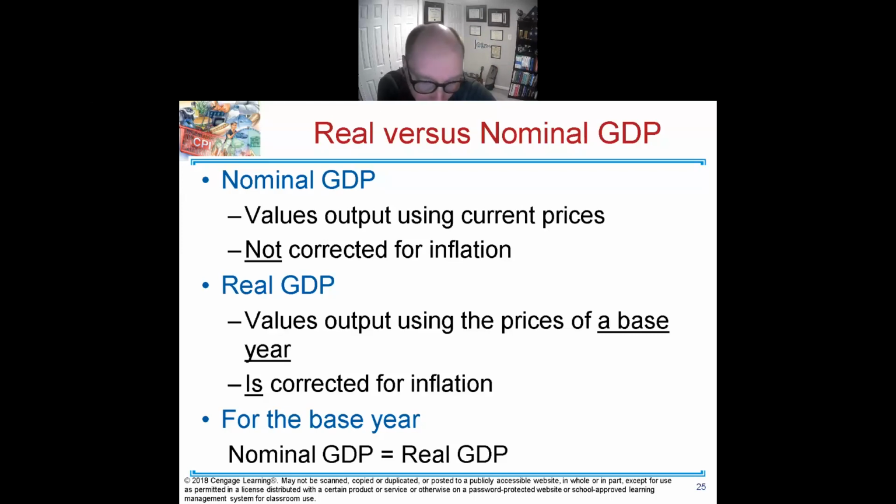We call that real gross domestic product. We typically use the nominal GDP number as our real gross domestic product number. They're usually equal in the base year.